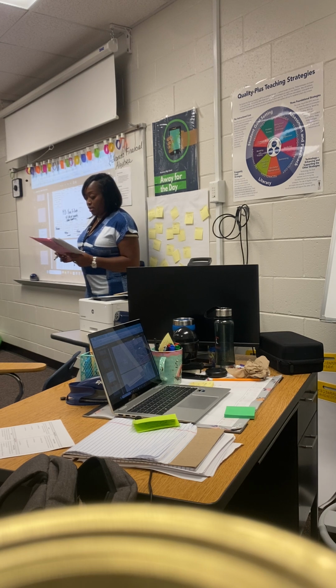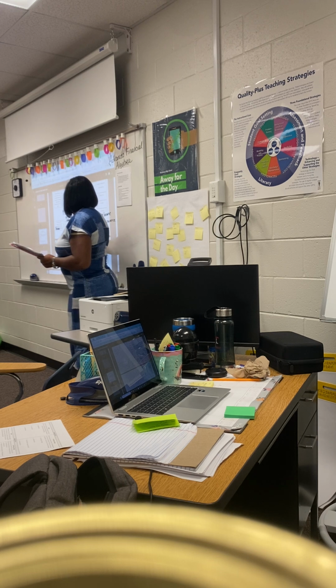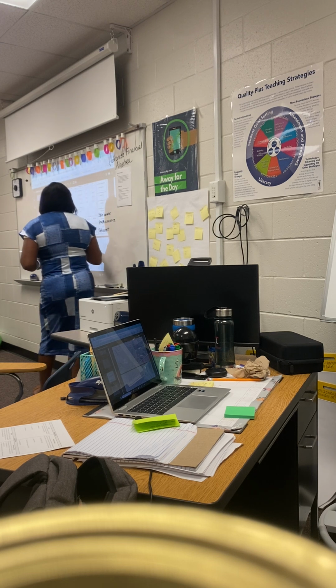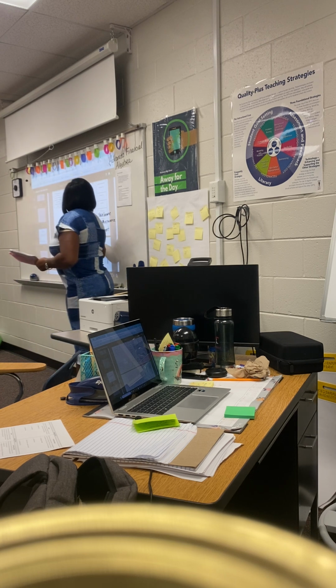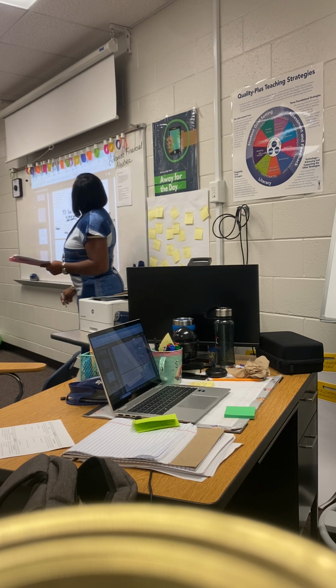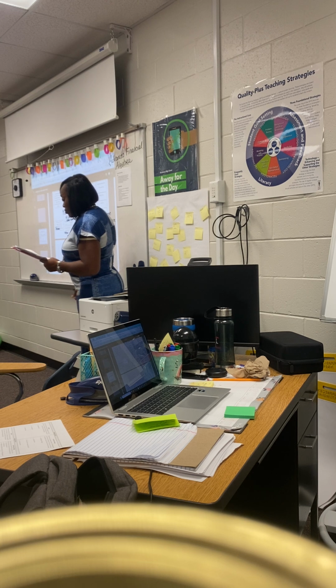Next is deductions. Here. Deductions gives the total amount withheld from this paycheck, from this check. So it's withheld from this check, this deductions. Next, net pay.